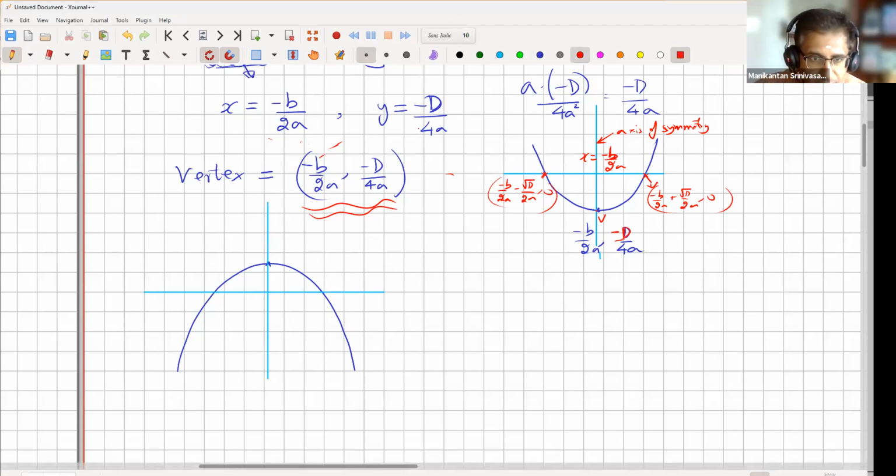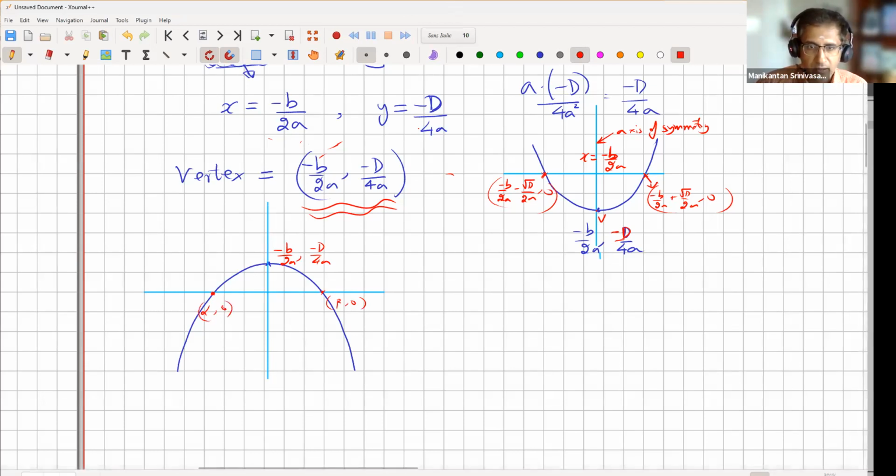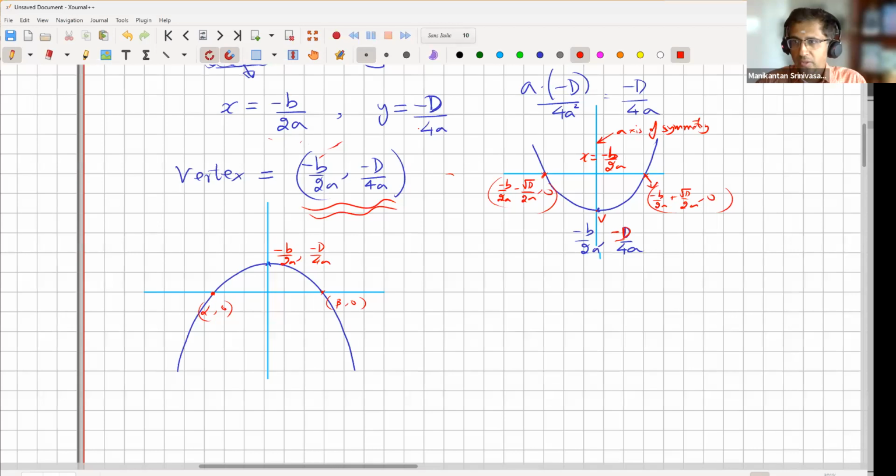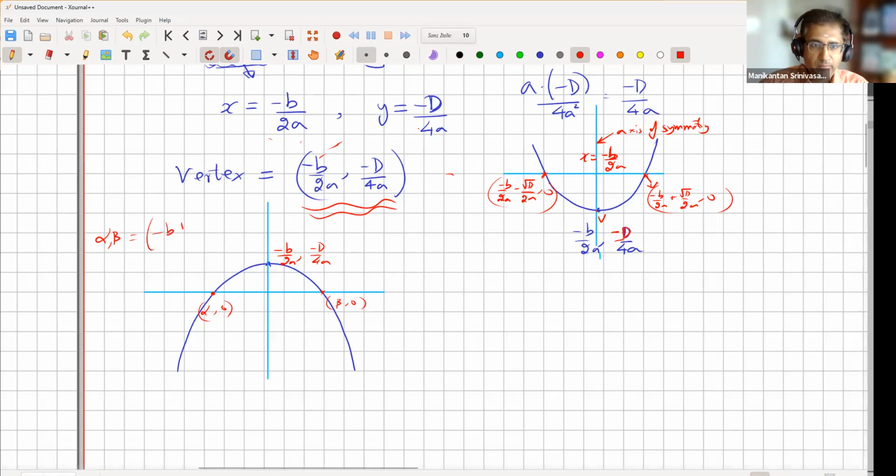The two roots will be this and this. It'll still be true that this is minus b by 2a and minus d by 4a. And the two roots will be, as we just discussed, minus b by 2a plus something and minus b by 2a minus something, comma 0. I'll just call the two roots alpha and beta, because those are the normal expressions used for the roots. So alpha and beta are minus b plus or minus root d by 2a.